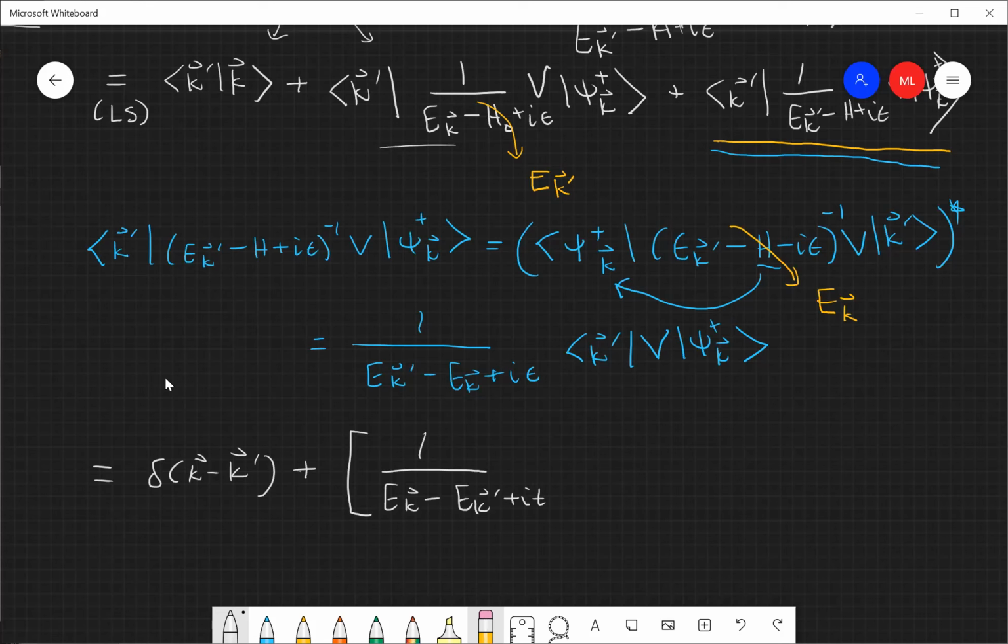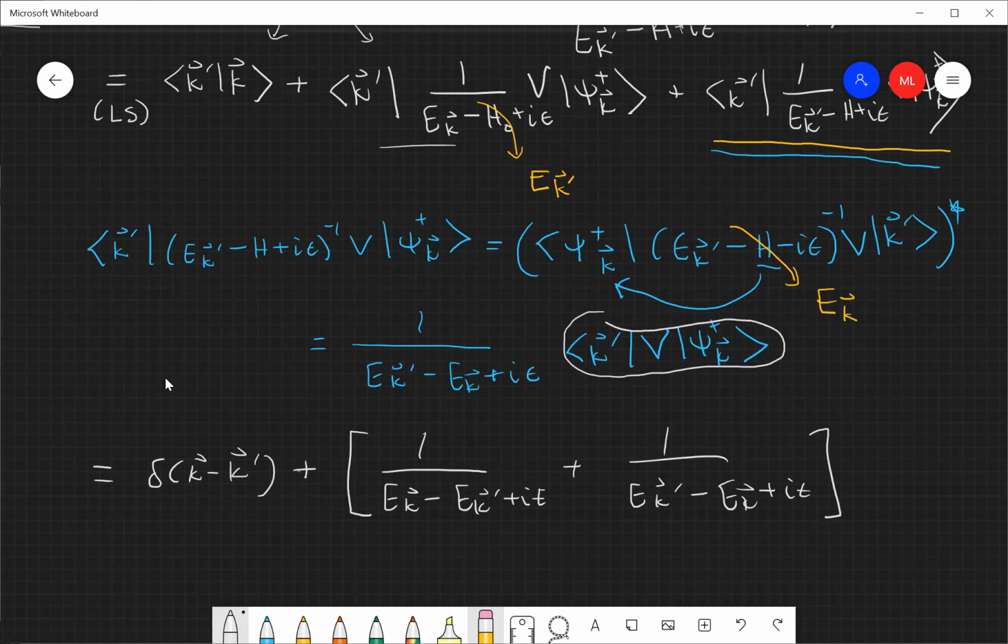That's from this first term. And from the second term, we have a plus, same thing, except the E's are reversed. All of this is multiplying this matrix element, k prime V psi plus k. But I showed last time that this is equal to the matrix element of the T matrix.